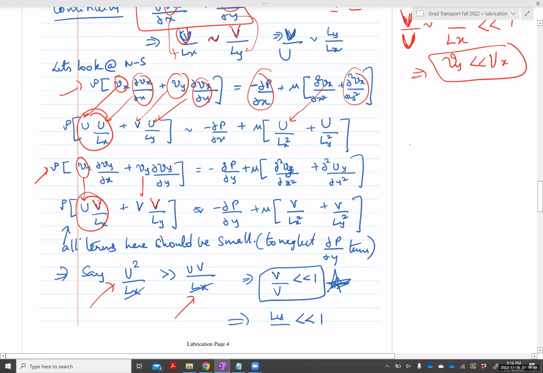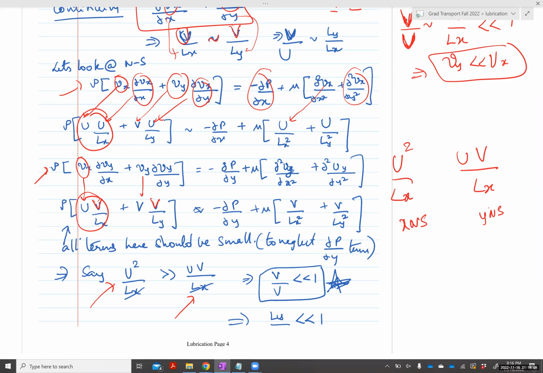I'm comparing them, so which term dominates?